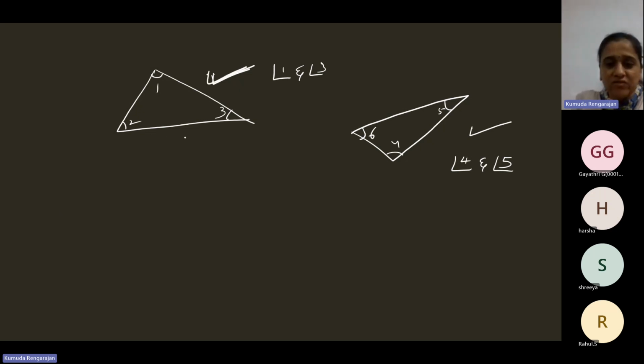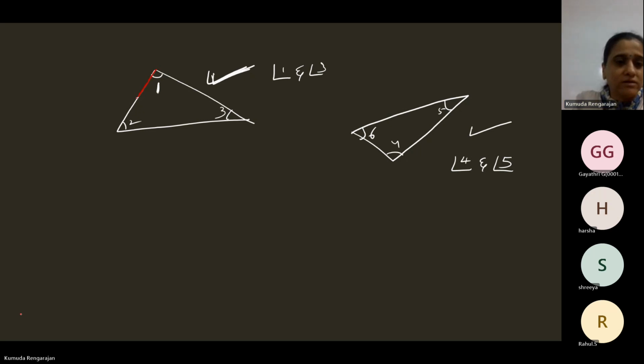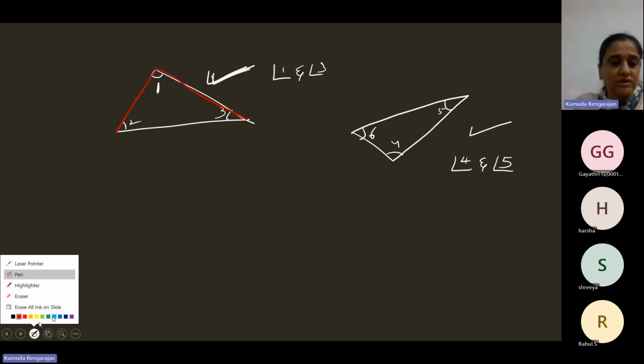Now, in this triangle, if we are talking about angle 1 and angle 3, which are the arms of angle 1? This one and this one are the arms of angle 1. Which are the arms of angle 3?